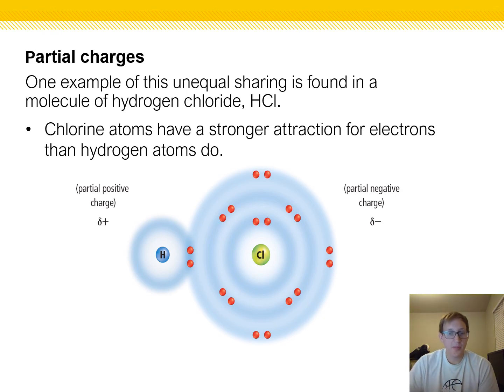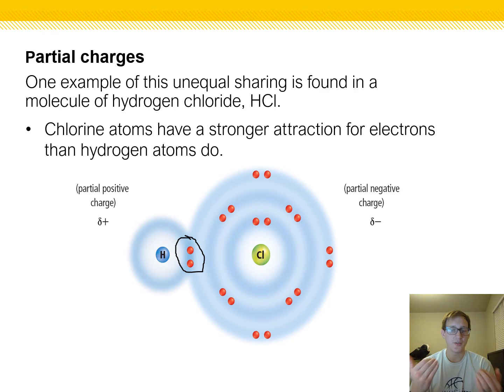And so what ends up happening, even though these two are being shared, so that hydrogen has a full outer shell and chlorine has a full outer shell, chlorine is slightly negative, or that end is slightly negative, and then the hydrogen is slightly positive. And so this is what we're eventually going to call a polar bond or a polar molecule.